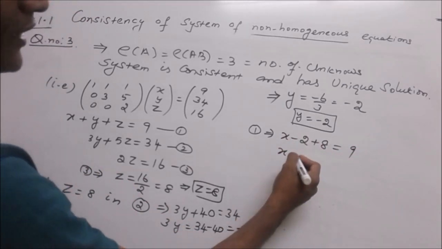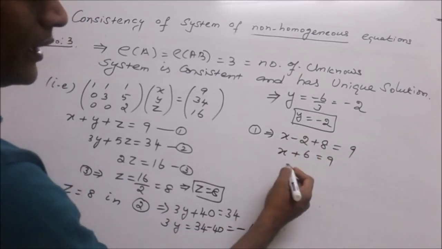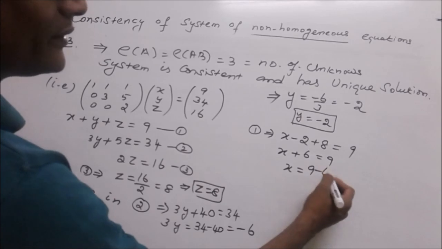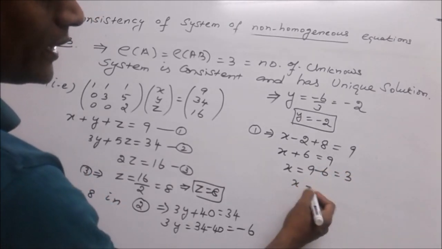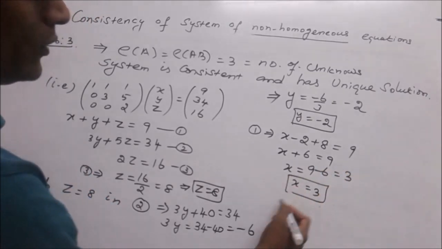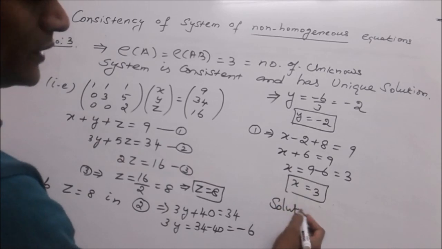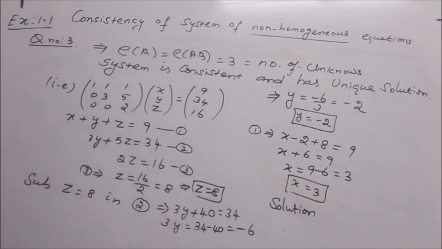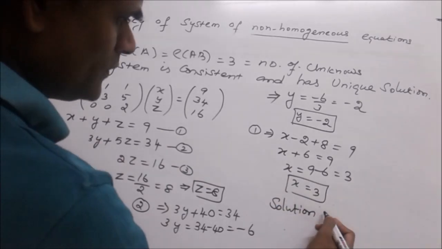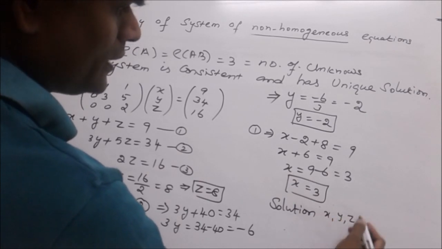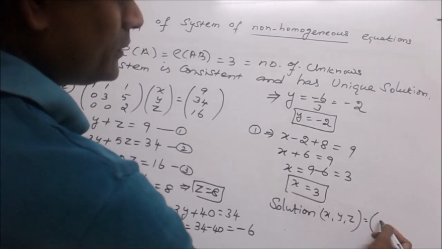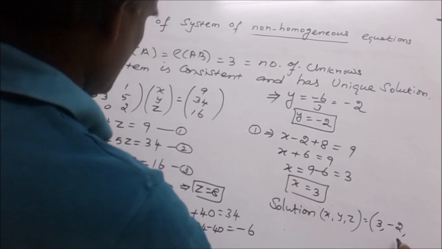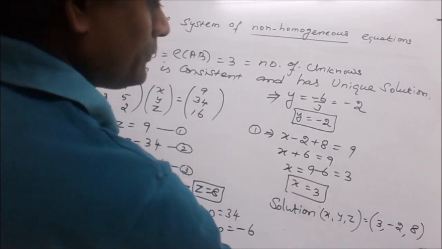Simplify, x plus 6 is equal to 9. Now x is equal to 9 minus 6 is equal to 3. Therefore x is equal to 3. Therefore the solution of the respective equations is x, y, z equal to 3, minus 2, 8.